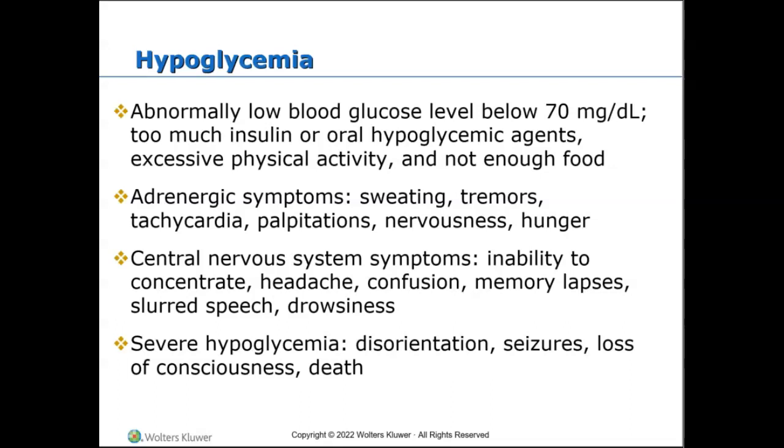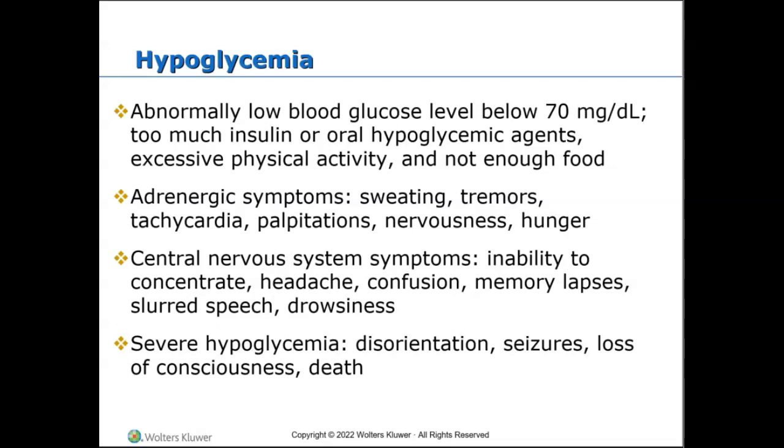These include too much insulin compared to what the patient ate or how much exercise they did that day, maybe the wrong insulin at the wrong time of the day or the wrong dose, or it could be decreased liver production of glucose after alcohol consumption. For example, it could be due to an increased insulin sensitivity after the patient begins exercising and they start losing weight. It could be due to decreased clearance of insulin in the kidneys because the patient has kidney failure.